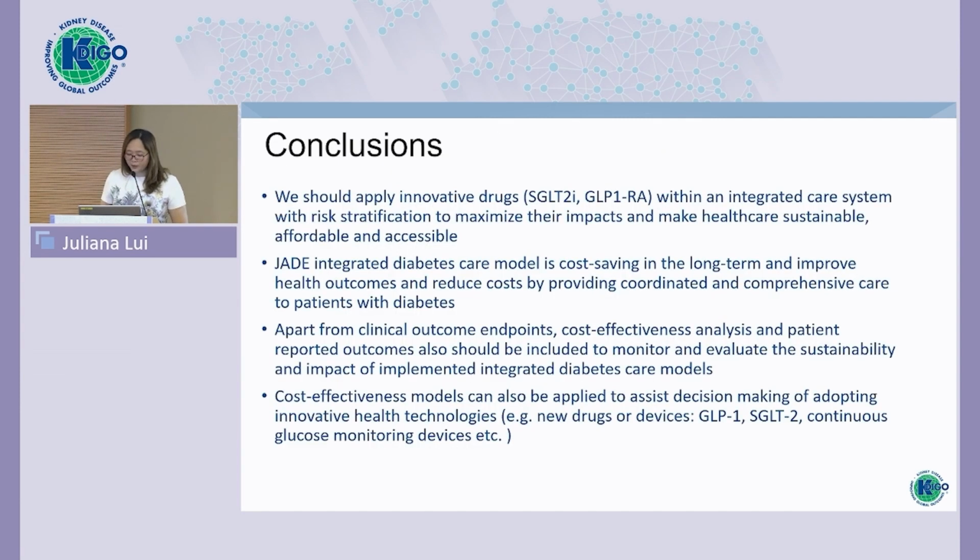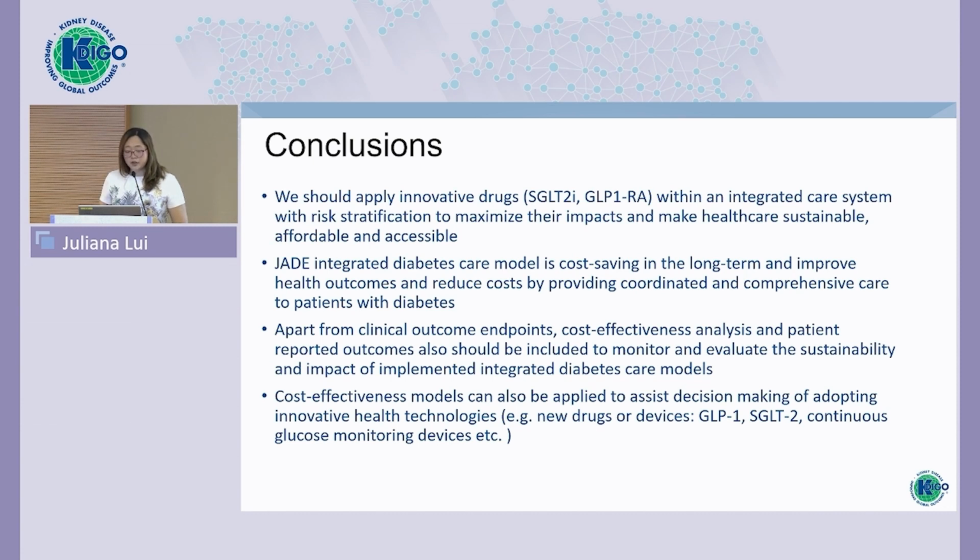So here's my conclusion. To summarize today's presentation, we should apply novel, innovative drugs such as SGLT2 inhibitors and GLP-1RA within an integrated care system with risk stratification to maximize their impacts and make healthcare sustainable, affordable, and accessible.